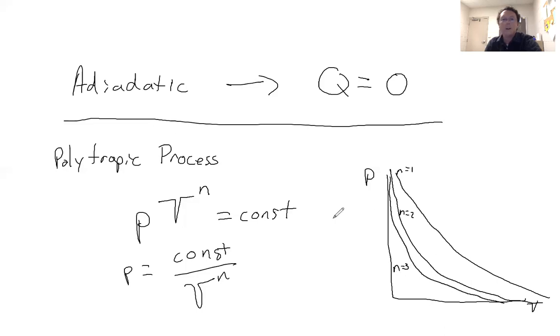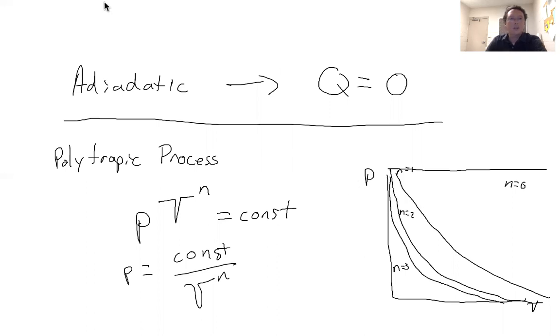Sorry about that. If I say n equals 0, that actually means pressure is constant. And if I were to say n equals -1, then that would look like this.